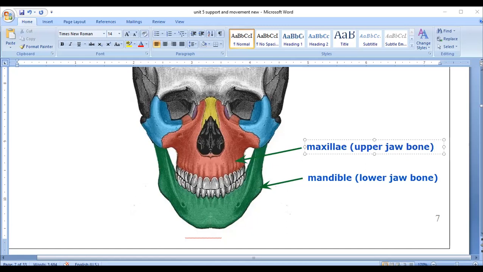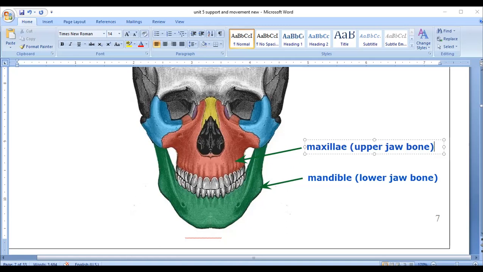So maxillae is the upper jaw bone, and mandible is the lower jaw bone. Right? So how many mandible, how many maxillae? Look at the diagram. One mandible, one maxillae.